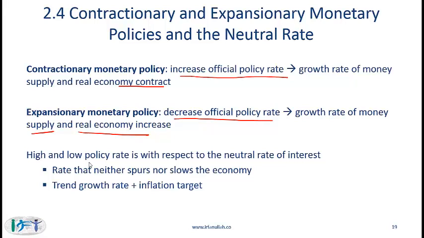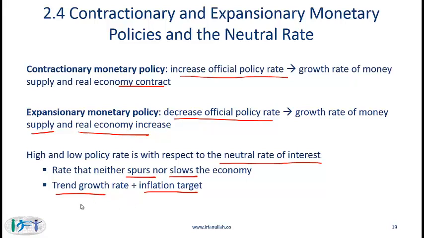When we talk about increasing the policy rate or decreasing the policy rate, this is with respect to a neutral rate of interest. The neutral rate of interest is that rate which neither spurs nor slows the economy. That neutral rate will vary from economy to economy. Typically, that rate is equal to the trend growth rate of the GDP plus the inflation target.